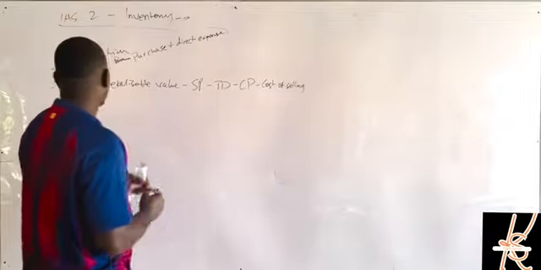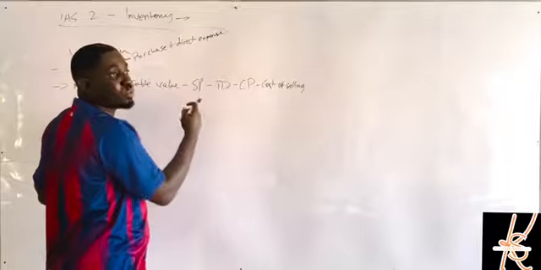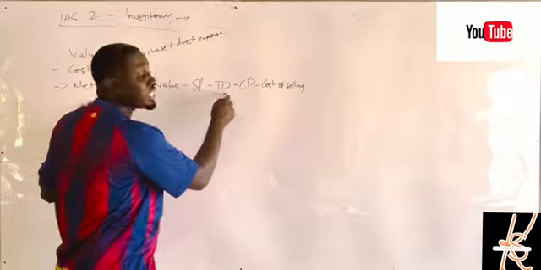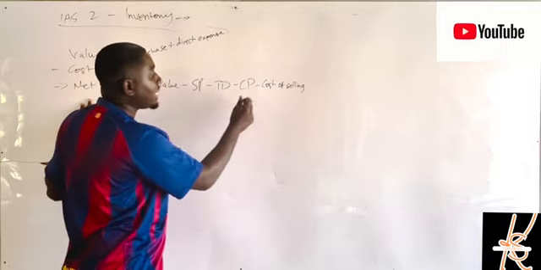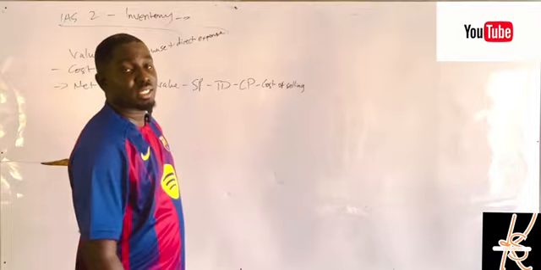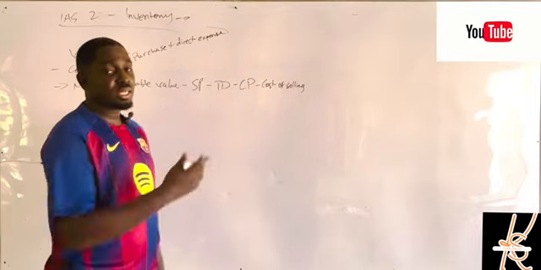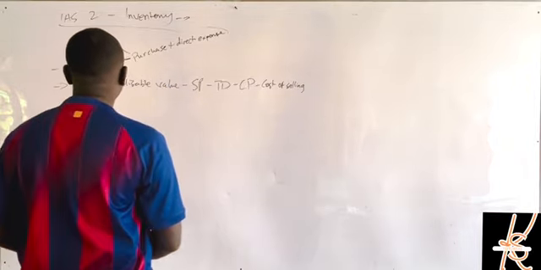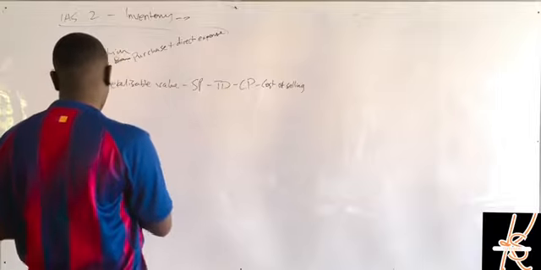So we check the selling price, how much it is selling at the moment in the market, then we less our trade discount, our cost of production, and our cost of selling. That will give us our net realizable value, and that is what we are going to use in valuing the inventory.